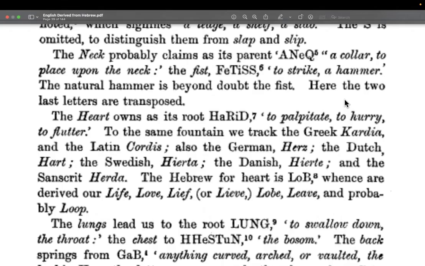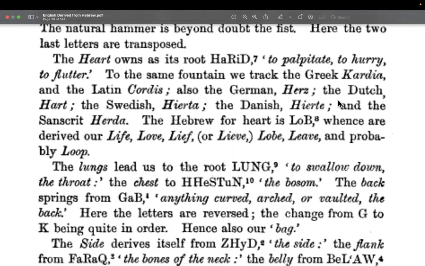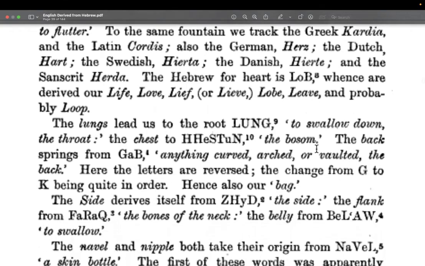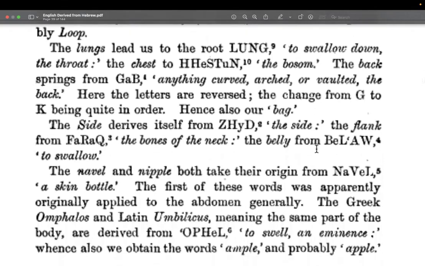The Hebrew for heart is leb or lob, whence are derived our life, love, leaf or leave, lobe, leave, and probably loop. The lungs lead us to the root lung, to swallow down the throat.